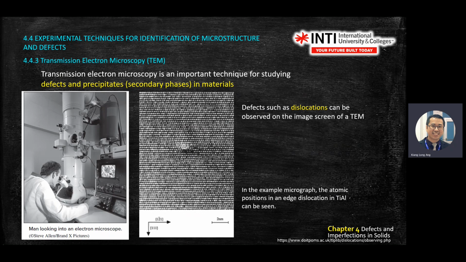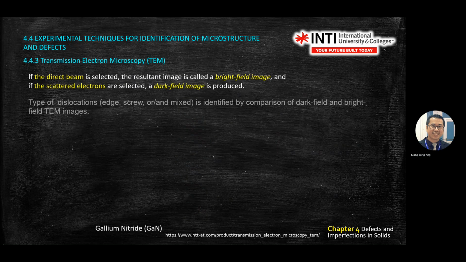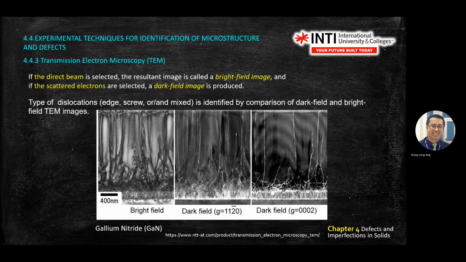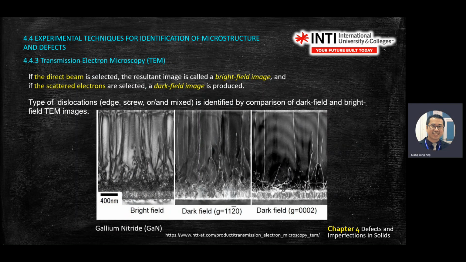Most of the research universities have this one. You read. So this is a type of dislocation and so on. This is gallium nitride, edge, screw and mixed.